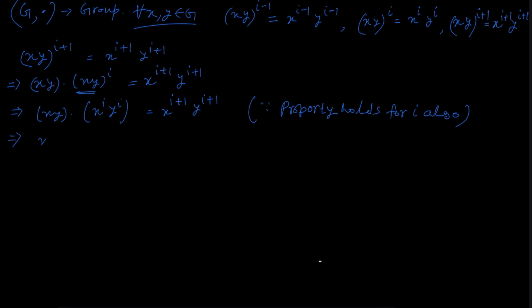Now what we'll do, we'll break this part in this fashion: x^(i-1) y^(i-1) y, just the binary composition of elements in group G, and on the right hand side we'll write x^(i+1) and y^(i+1).